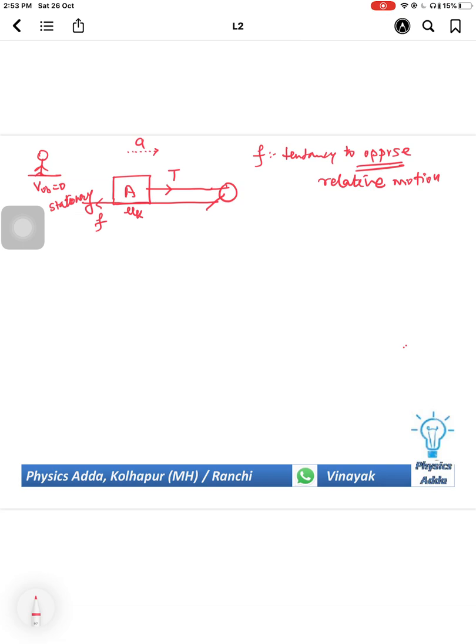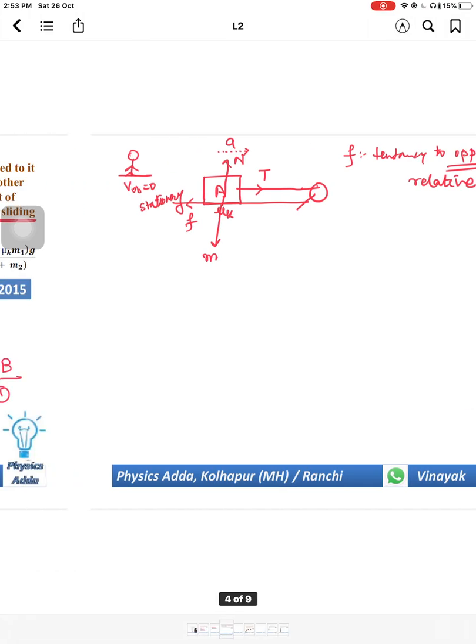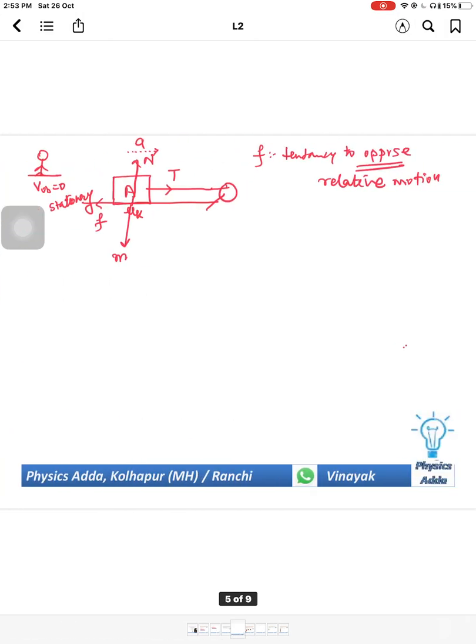So we have the normal reaction N, and the force due to gravity will act downwards. Block A has mass m1, so this will be m1g, the weight of block A.